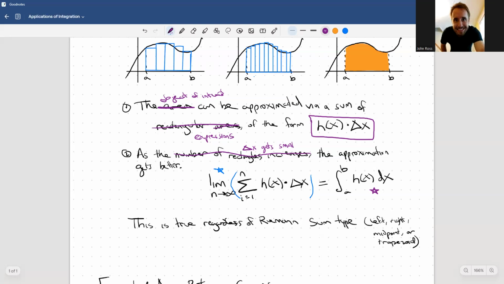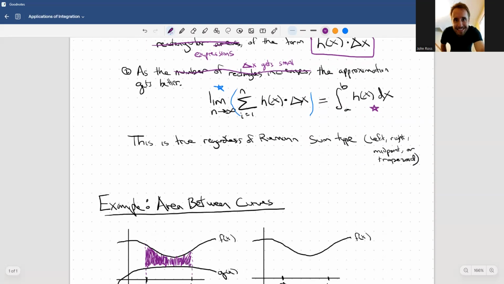As long as we are getting an approximating sum of one of these four types, and as long as those approximations are getting better, we can use this conceptual structure to help us calculate something via integration. Okay, so let's look at our one example.